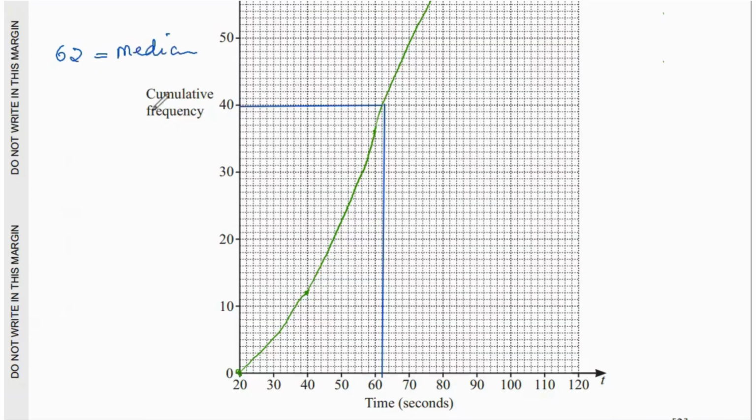And then for the lower quartile, we find a quarter of 80, which is 20. So we draw a line from 20 towards the graph, and that gives us a value of 48. So 48 is your lower quartile.